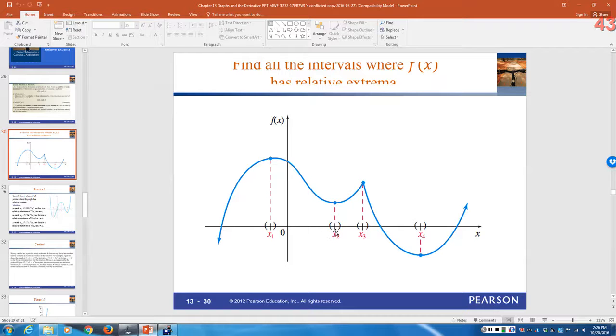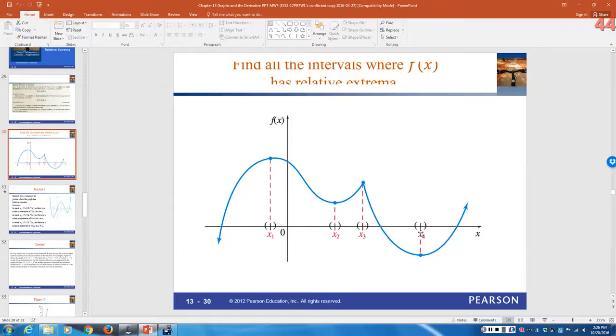On the interval from x sub 2 up to but not including x sub 4, do we have a relative maximum? From here, this is x sub 2, to here, this is x sub 4. Do we have a relative maximum? Yes.